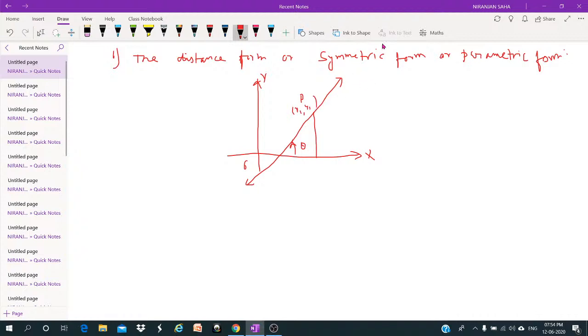Then we have to find out the equation in the symmetric form. How can we find this out?